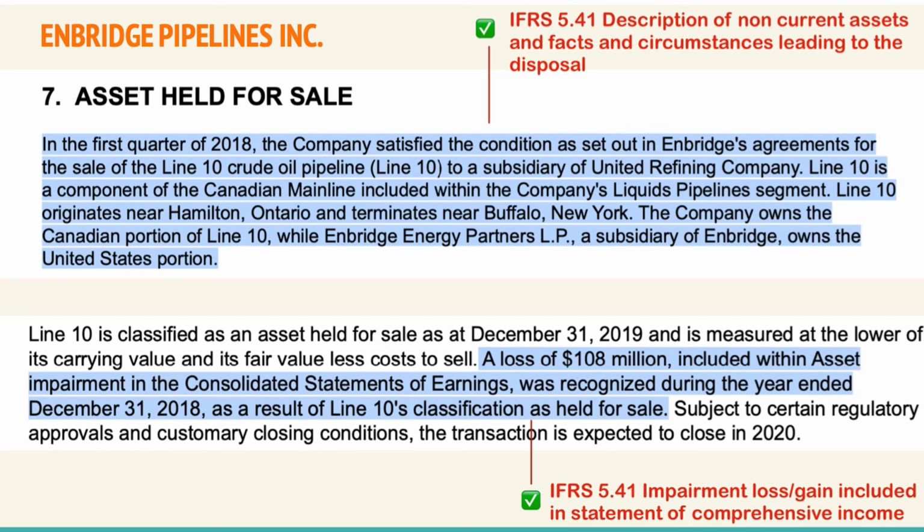Line 10 was an old pipeline belonging to the company's liquids pipeline segment. It was sold to a subsidiary of United Refining Company in 2018, and an impairment loss of 108 million was a result of this Line 10 sale. It was included in their consolidated income.